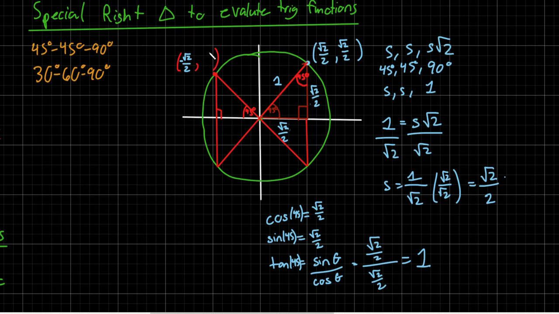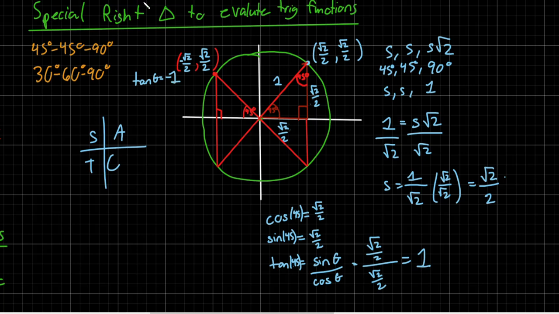Y. Okay, so we're over here right now. Is it positive or negative in quadrant 2? Yeah, because A, S, T, C. So sine is positive over here. So in quadrant 2, it's square root of 2 divided by 2. Then what is tangent of theta in this case? Negative 1. Yep. Great.